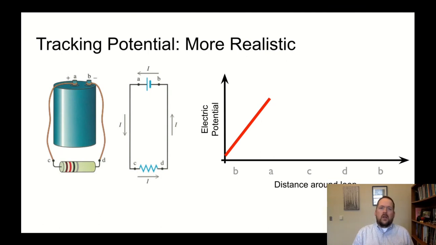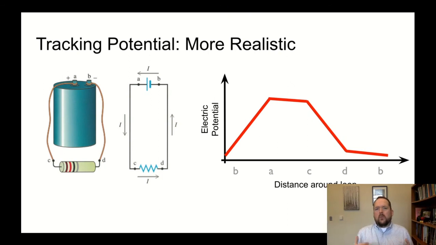And so there's actually a less than full increase in electric potential. And as I go through those wires with small amounts of resistance, if I'm doing a realistic model, there's a small energy drop there, and there is a bigger energy drop going through the resistor, and then another small energy drop going the other wire back to the battery.